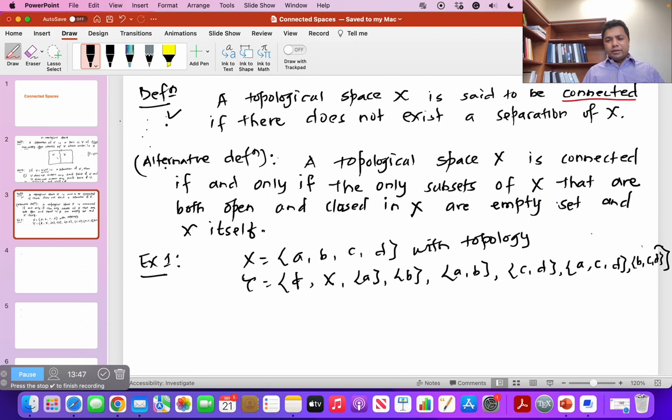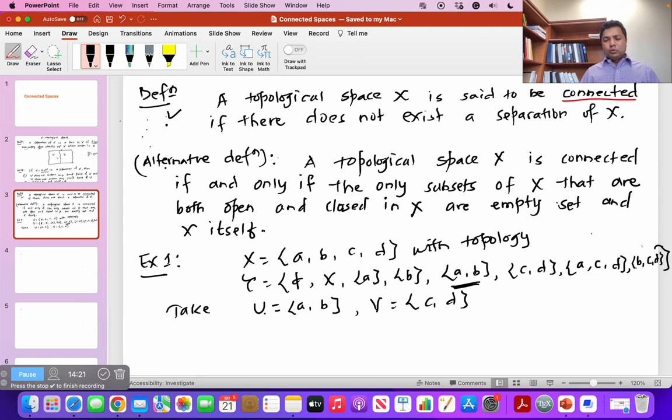Now there is a separation of X. So here let's take U as this two element set A, B. So U is obviously non-empty and is open because it's an element of the topology. And let's take V as the other two element set C, D, so it is non-empty and is also open.